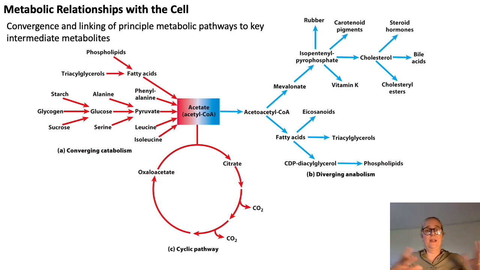So there is a linking of all these pathways, and if we were to look at them globally, it's very complex, but essentially they're producing different metabolites which can be used in those different pathways.